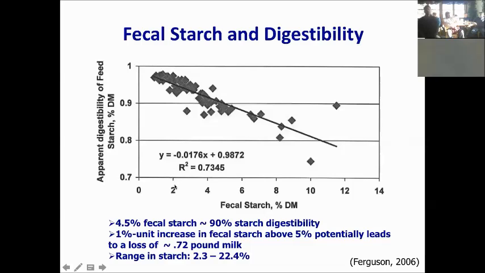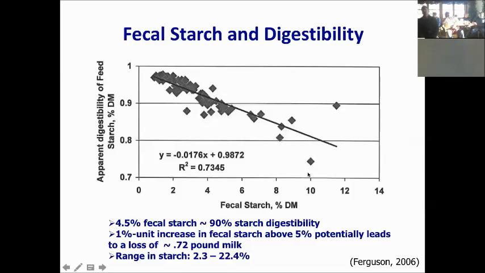Obviously, as your fecal starches increase, your total tract digestibility is decreasing. Based on at least Jimmy's data, for every 1% increase in fecal starch above a fecal starch of 4 to 5%, that potentially leads to a loss of about 0.72 pounds of milk for every unit increase above 4 or 5.